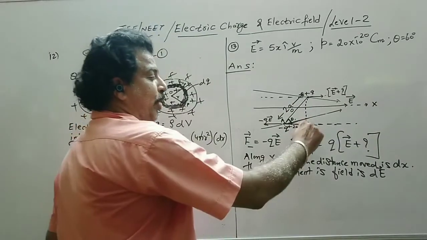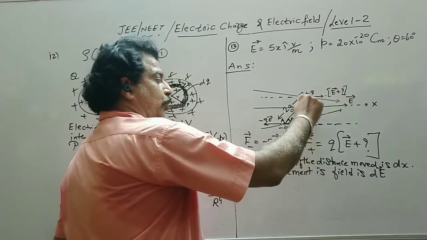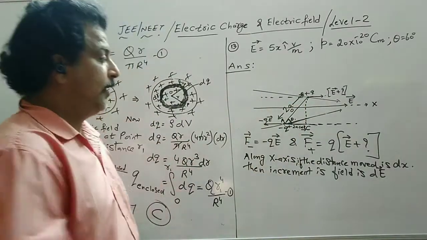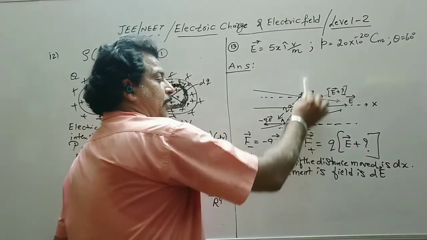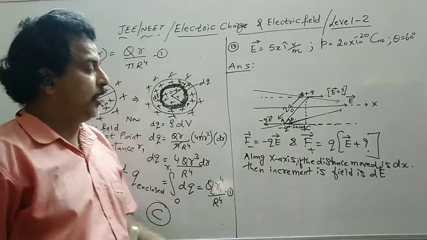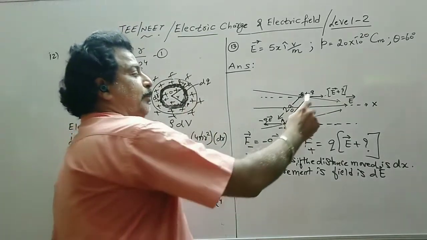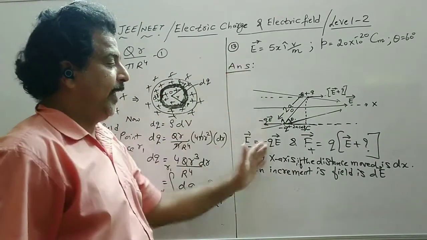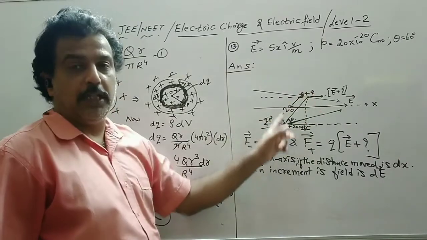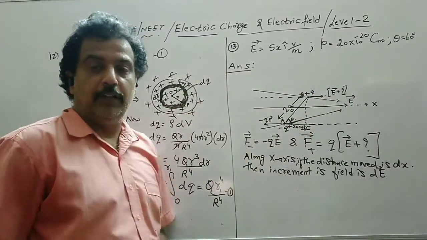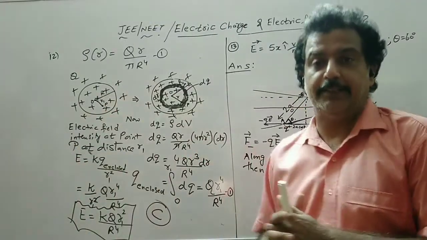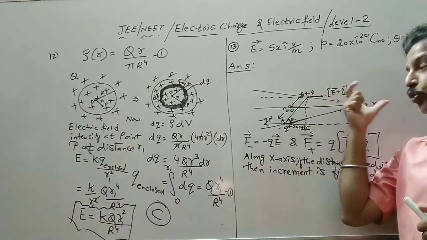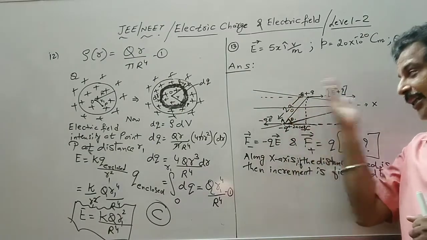If I come to this point, or this point, the distance from the source is the same. So this line is an equipotential surface, or the potential at all these points will be the same, whether I take point B or point C, because the distance will be the same from the x-axis. What is the distance between the two charges in the direction of the field? We have done this in the concept of an equipotential surface. So 2a cos theta is the distance between the two charges in the direction of the field.